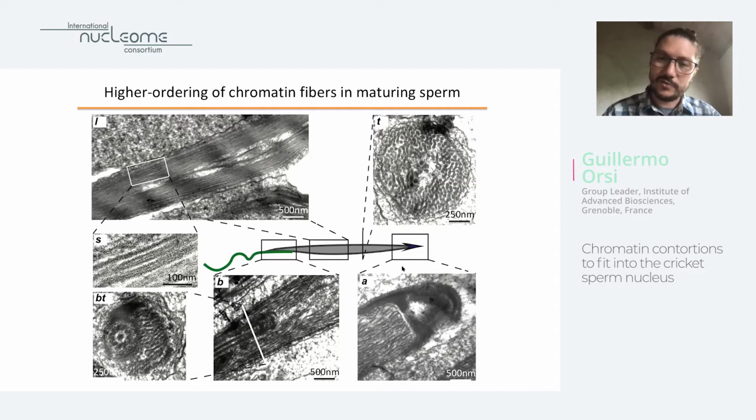If we look at the acrosome region, so this is the head of the sperm, we can recapitulate the observations that were done in previous studies, where the fibers get to the head and then they turn and go back. And then at the other end, at the basal end, which is where the flagellum of the sperm is anchored, the sperm is motile because it has this long microtubule that is like the sperm tail.